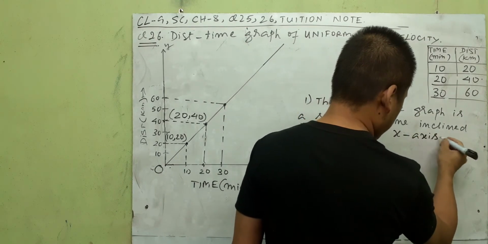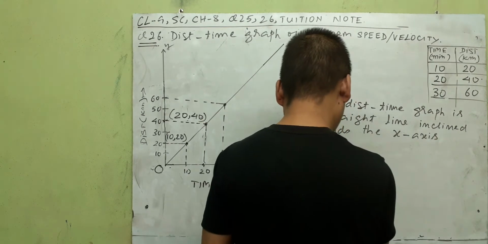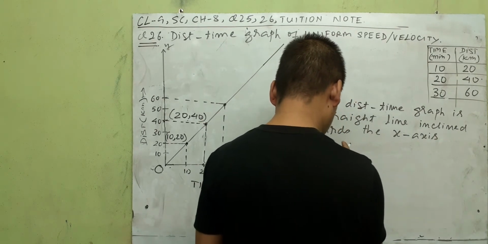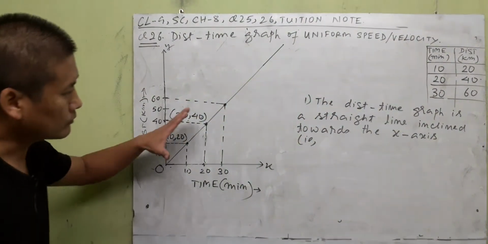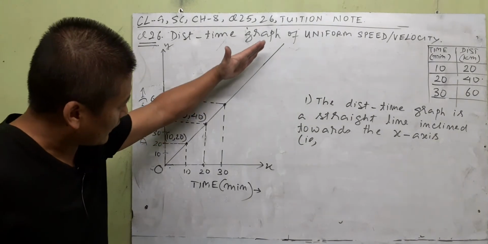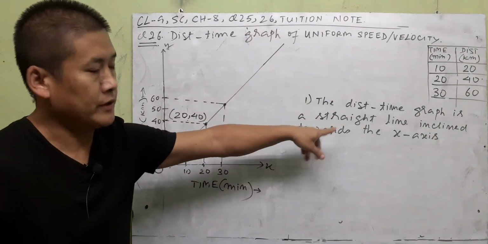Let me explain that to you. In other words, this line is leaning towards, falling down towards x. That's why we're writing inclined towards x.